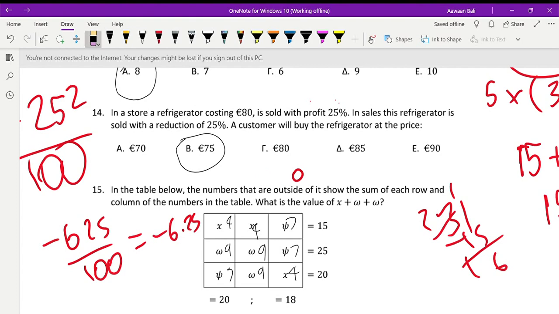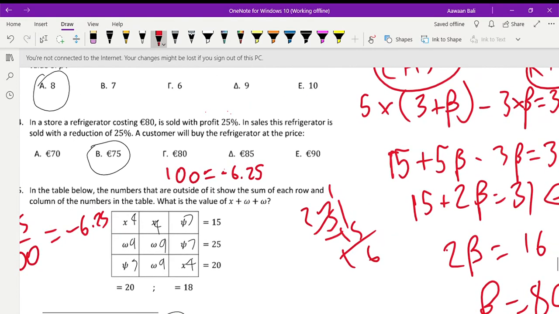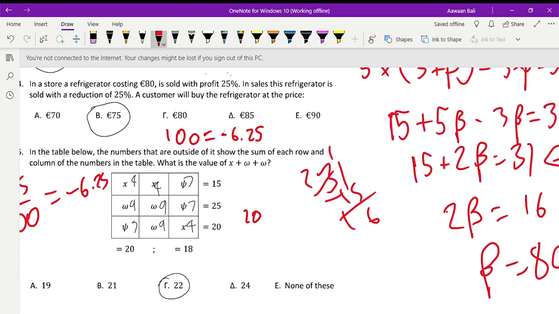So, great, you found the reduction for 100 euros. Because we divide by 100, now we found the reduction of minus 6.25, the reduction if it was 100 euro, not 80 euro. So you would minus 6.25 euro. Here we basically just divide by 5, so we know that if it was 20 euro, you'd get minus 1.25.